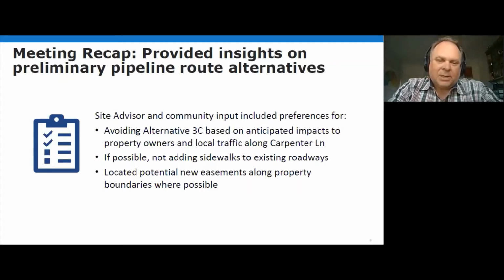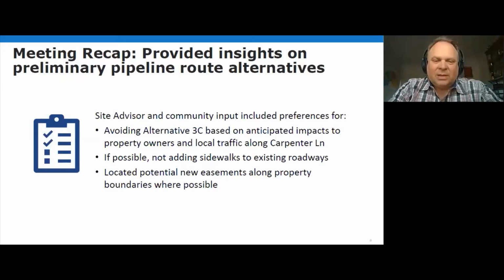And if possible, we wanted to avoid adding sidewalk to existing roadways, with the understanding that it begins to make things feel more urban and changes the character of the neighborhoods.